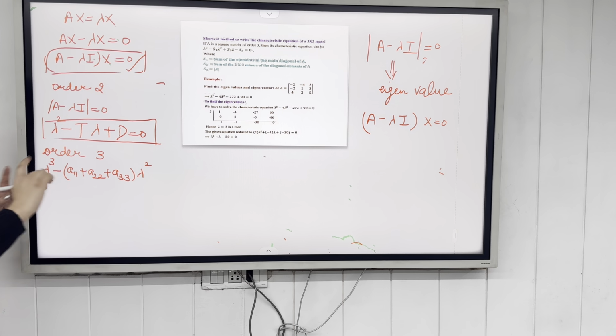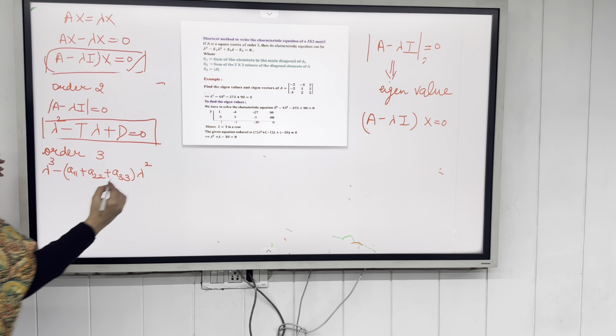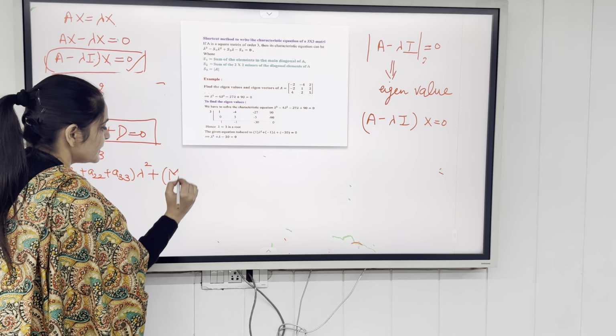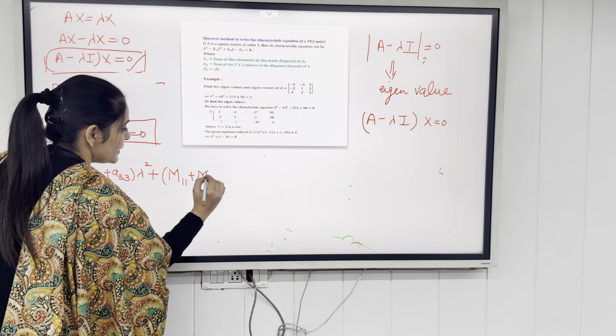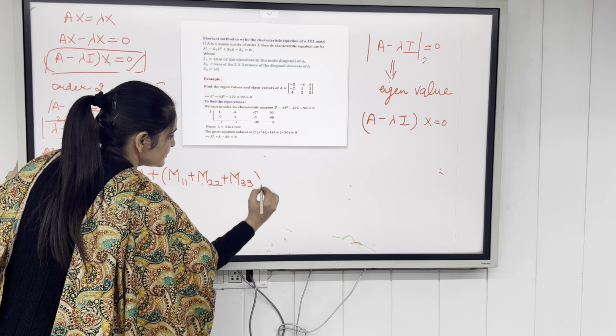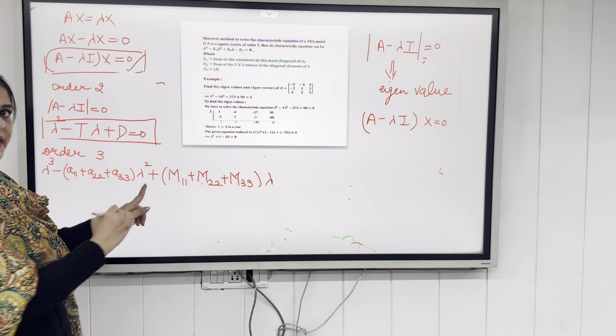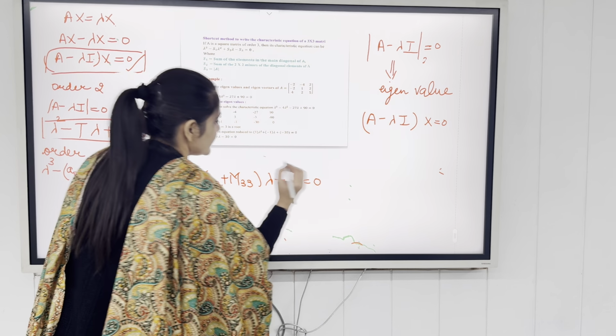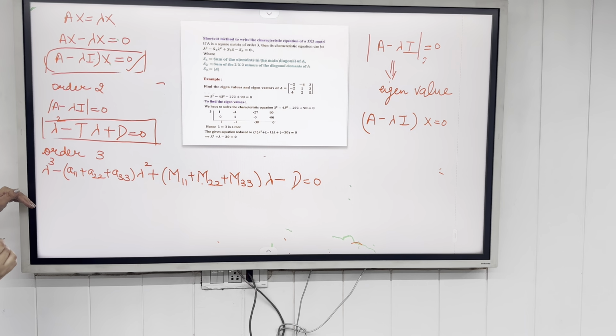The sign will be alternately positive, negative. This is negative, so the next turn is for a positive sign: the minors of the diagonal elements, M11 plus M22 plus M33, times lambda. Again alternately, now a negative sign, and the determinant of the matrix. So this is the way to calculate the characteristic equation of a matrix of order 3.